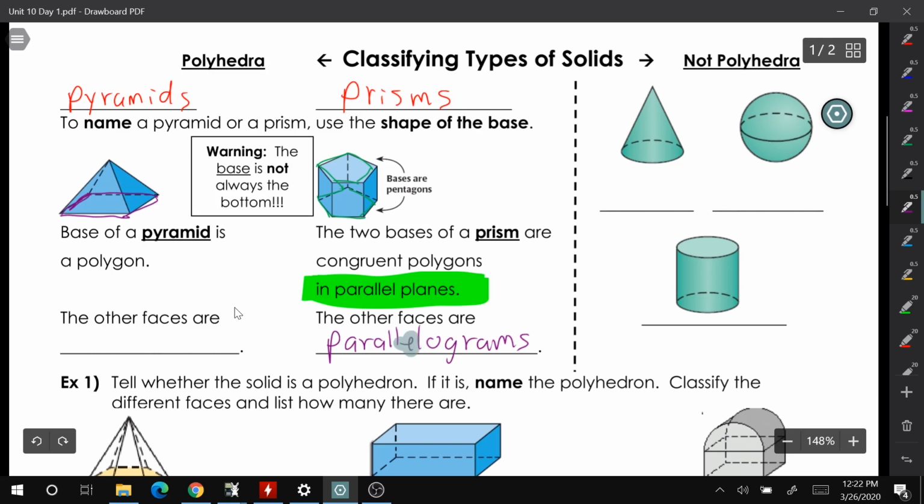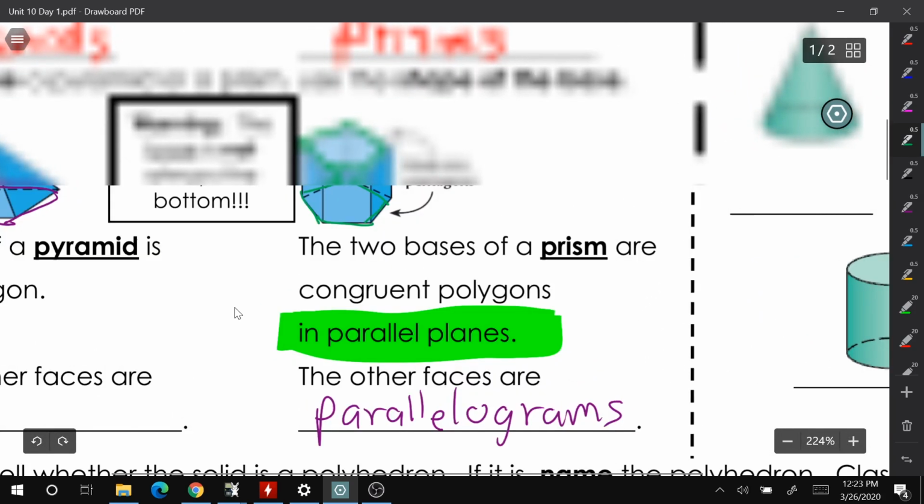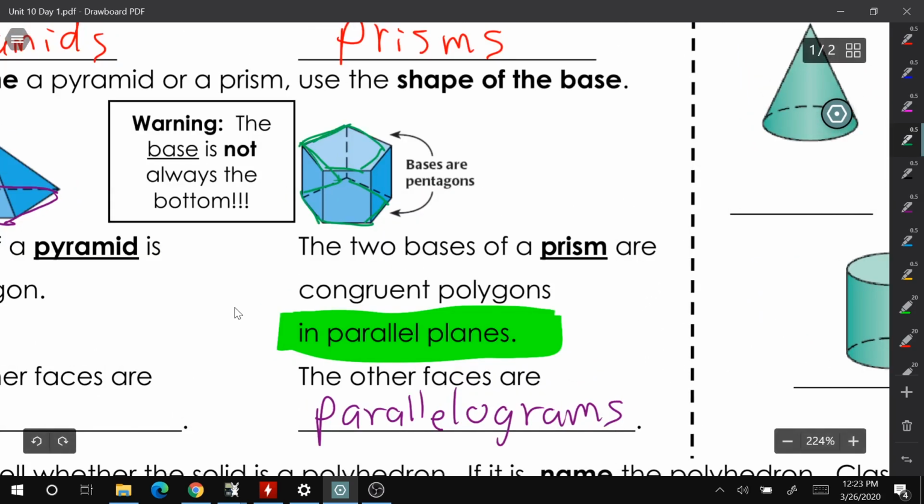So in this example up here, we have our two parallel bases that are pentagons, and you see the other faces are rectangles, which are types of parallelograms.